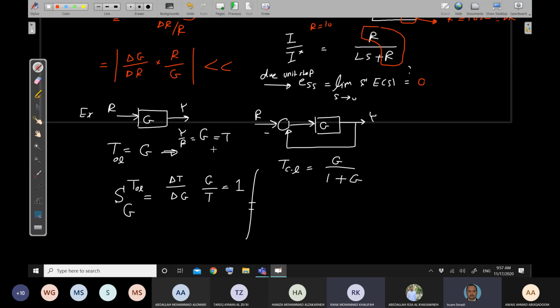So delta G is equal to delta T in this example. Similarly, this means that the open loop is highly sensitive to any change in the plant, yes or no?